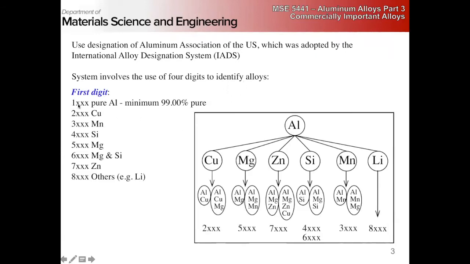If the first digit is a 1, it's pure aluminum, at least commercially pure. The second digit of 2 indicates that the primary alloying element is copper. 3 manganese, 4 silicon, 5 magnesium, 6 magnesium and silicon, 7 zinc, 8 and others, and that primarily for us means the aluminum lithium alloys.